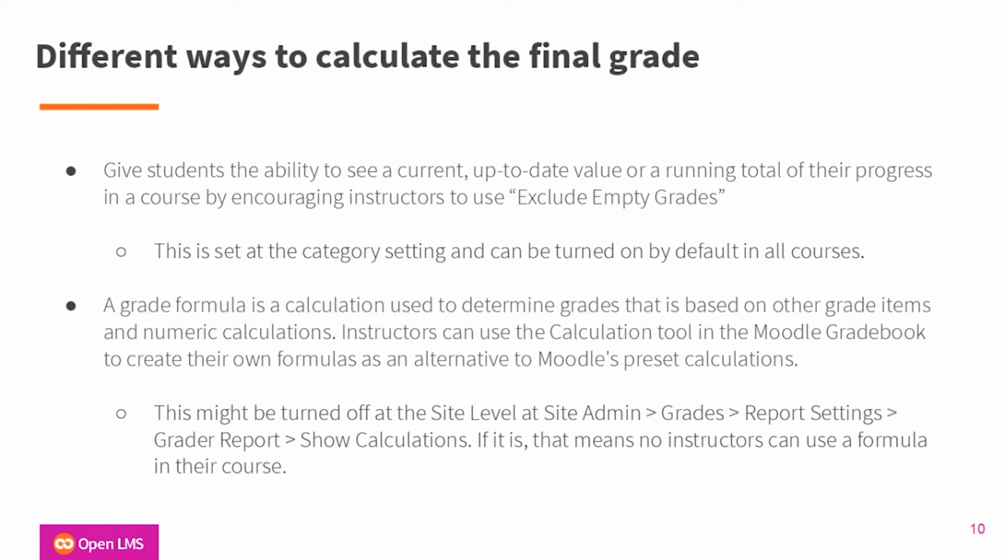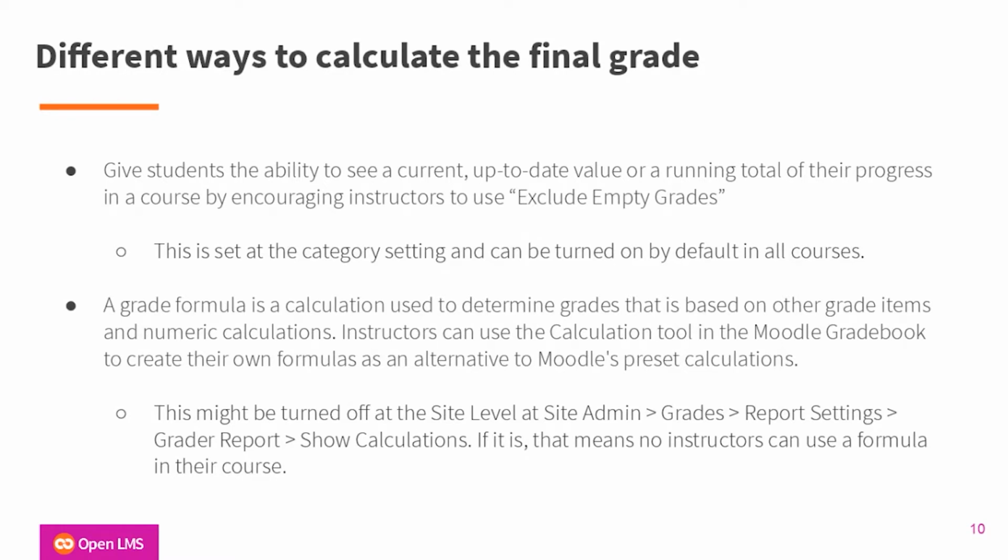If you exclude the empty grades, then the gradebook will be smart enough to say, I know there's 9 other quizzes, but we're not going to count those. So this person's received 100%. They have a current grade of an A in the course.